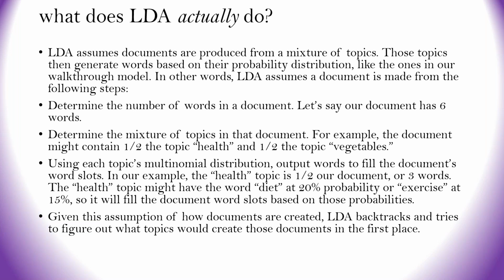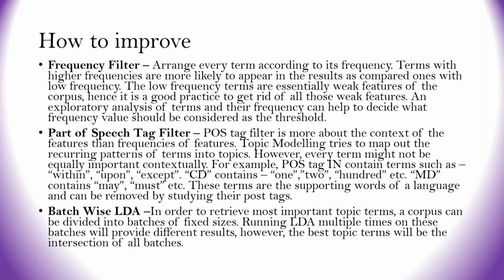Then how to improve the results here? The first one, what I have told you, is the frequency filter. Frequency filter is the method we need to customize for our own topic modeling technique, wherein we arrange every term according to its frequency, as I said. So how do we achieve this term matrix?